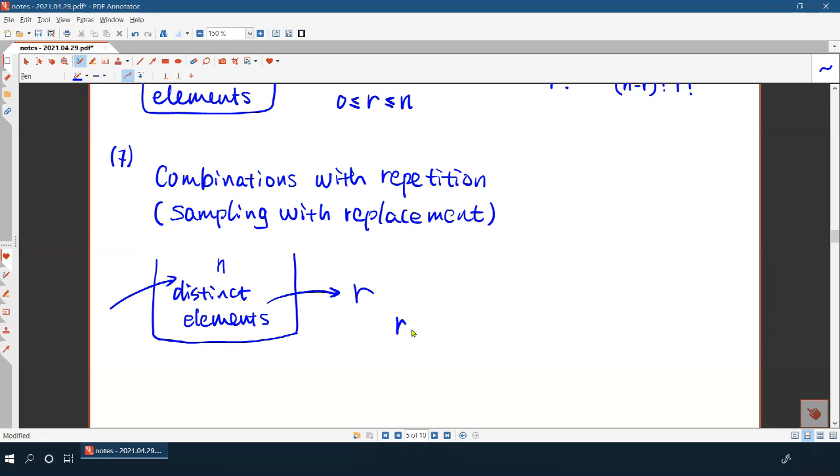Note here again, there is no upper bound for R. There is only a lower limit, which is 0, the minimum value of R. In this case, the total number of ways we can make the choice is C(n plus R minus 1, R), right? Any questions?